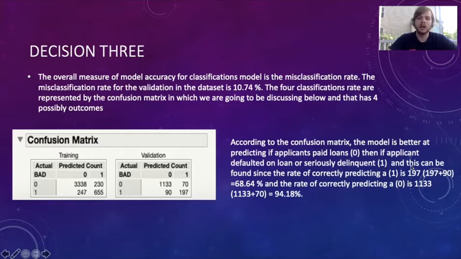And this can be found since the rate of correctly predicting a 1 equals 197 divided by the sum of this, and the rate of correctly predicting a 0 equals 1133 divided by the sum of this. So the rate of correctly predicting if applicants paid loans equals 94.18%, and if applicants defaulted on a loan equals 68.64%.